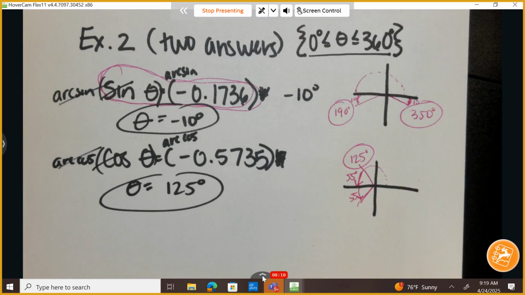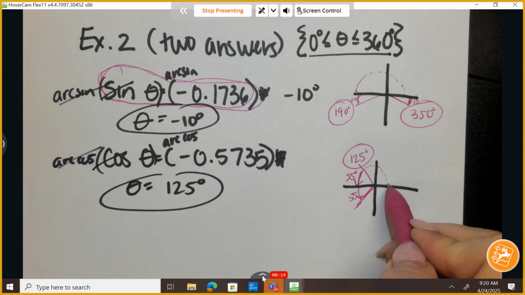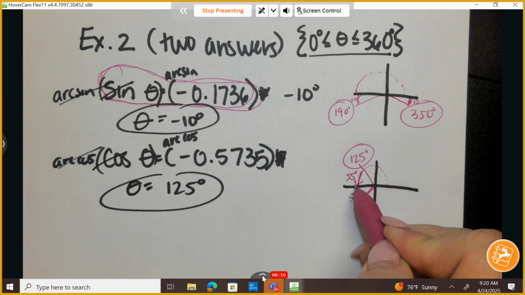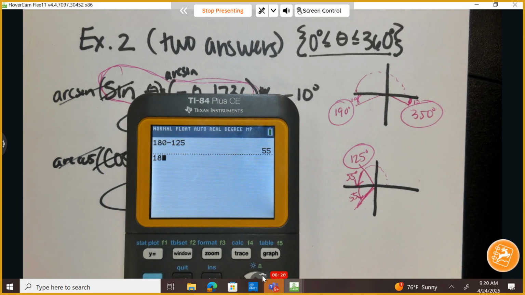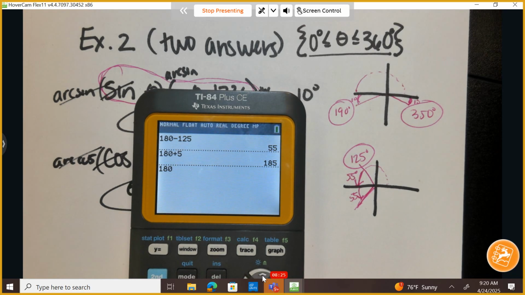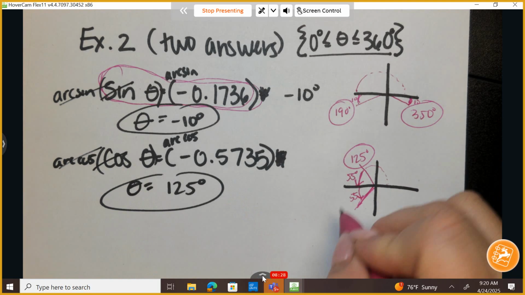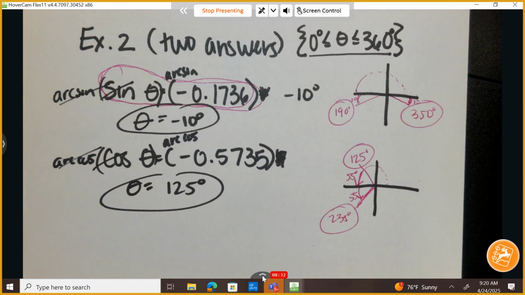It fell in that range. But how do I come up with this angle? Well, I have to go half of a cycle, which is 180, plus an additional 55. Half of a cycle plus an additional 55 gives us 235. Again, you may be thinking, I don't know if I did this right.